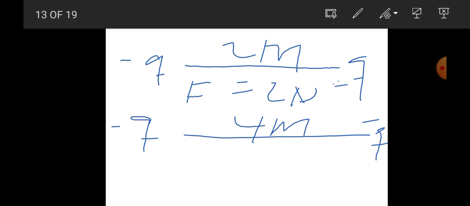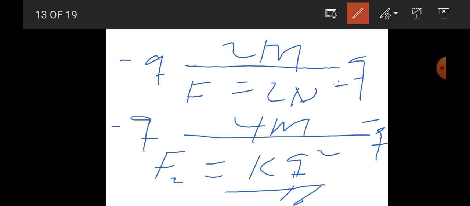Force 2, the second force, is k times (minus q) times (minus q) over 16 r square, since F = k q1 q2 over r square.